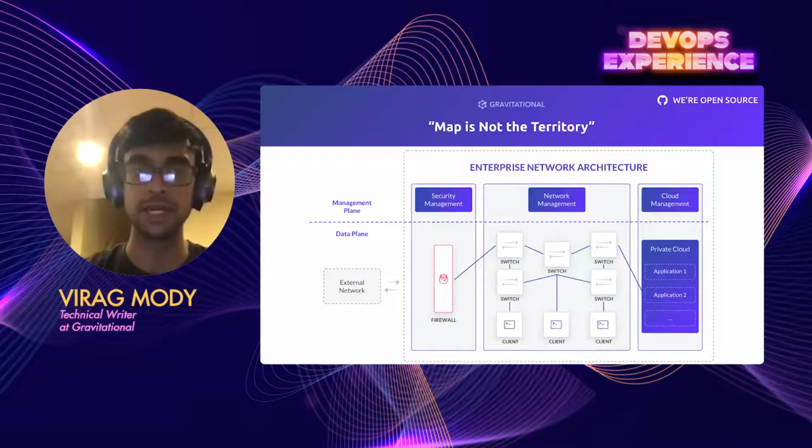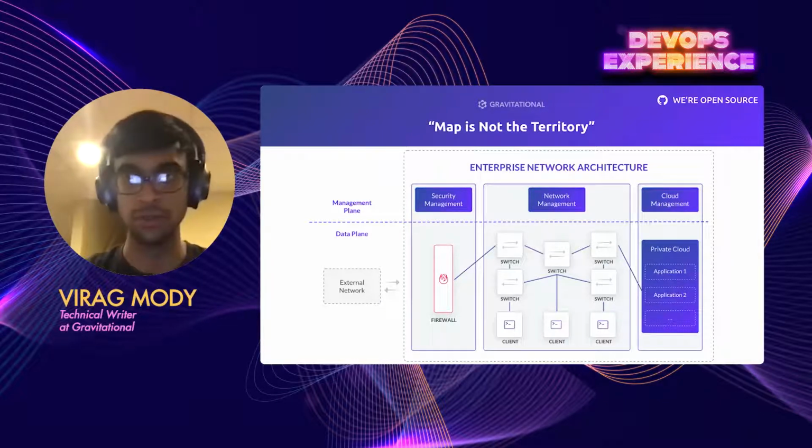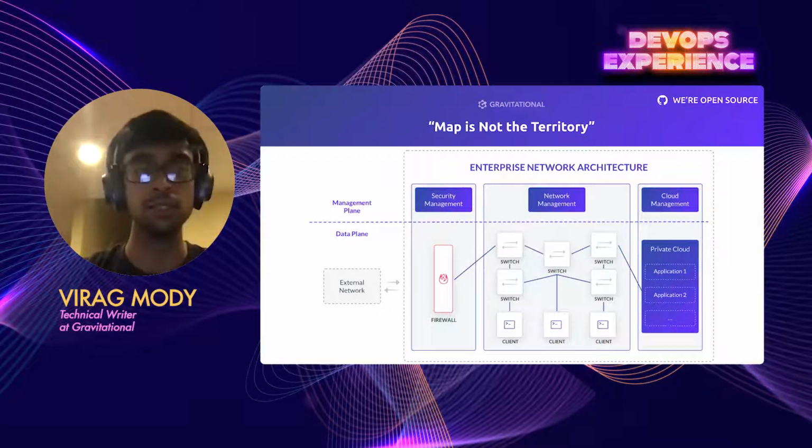Right, infrastructure is dynamic, and so for a network to keep pace with what's happening in the system, in the territory, there needs to be this constant updating of firewall rules, networking rules, routing rules, IP tables, access control lists. And you can automate that as much as you possibly can, but there's always going to be a lag.